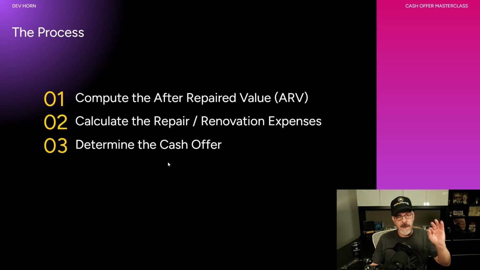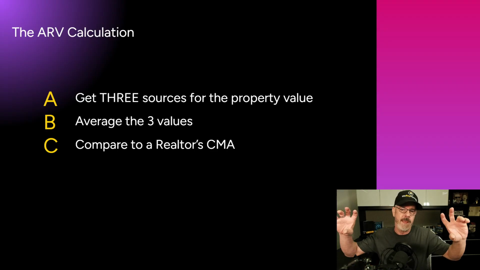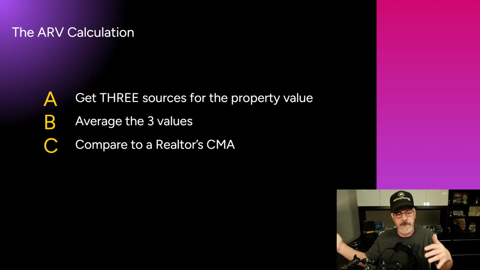Now let's talk about after repaired value. Typically, we look for at least 3 sources for the property value. We're going to do an example here in a minute, and you'll see that I actually pulled 4 different sources. The more, the better. But basically, we'd like to see at least 3 sources for the property value, what we'll call the after repaired value.